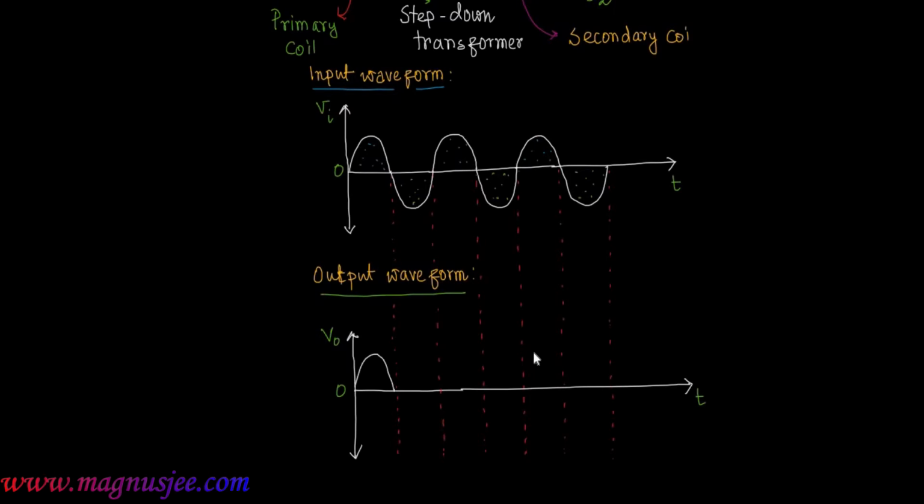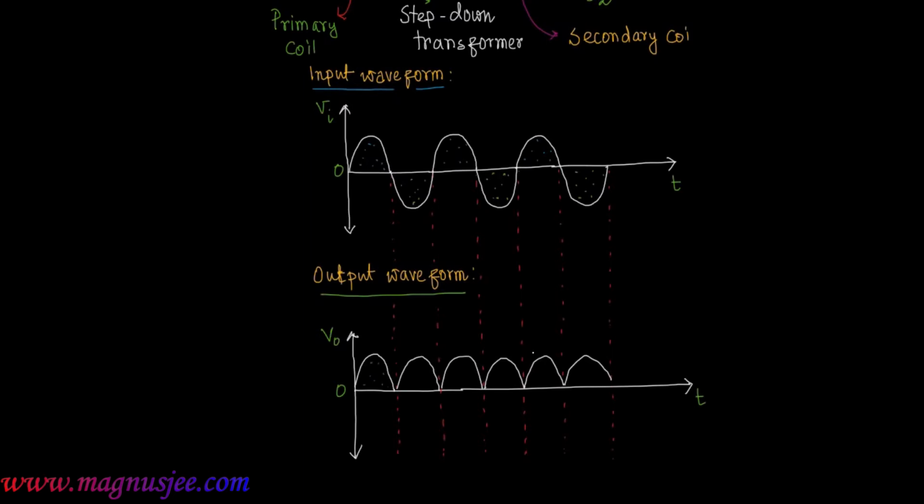This is the positive half cycle, then negative half cycle, positive half cycle, then negative half cycle, positive half cycle, then negative half cycle. In this way you can draw the output waveform.